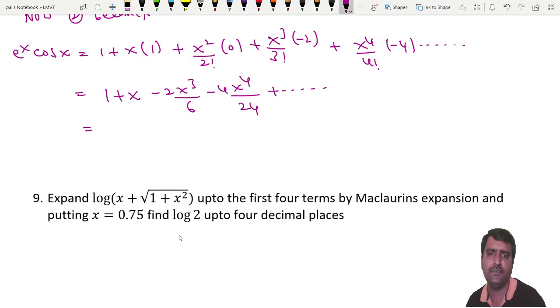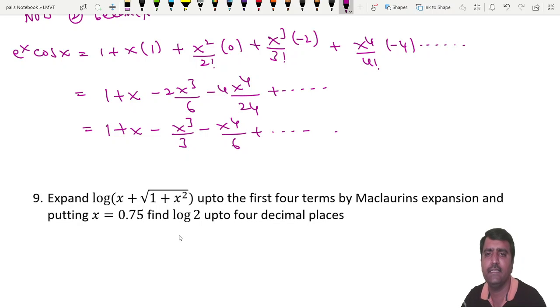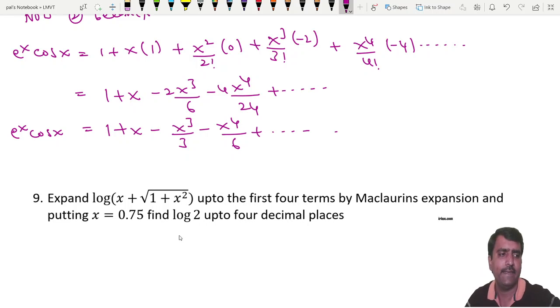Which is equal to 1 plus x minus x cube by 3, since 2 threes are 6. Similarly, this is minus x to the power 4 by 6, if we divide 24 by 4, it gives 6. So plus, this series continues like this. This is the expansion of e power x cos x by using Maclaurin's expansion.